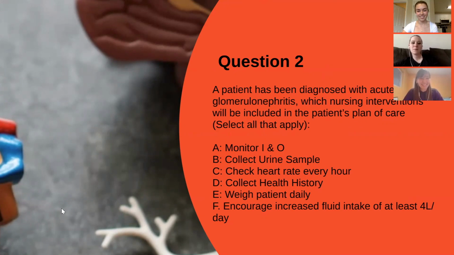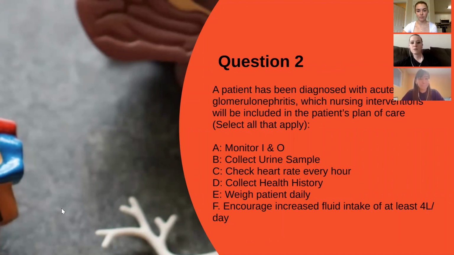I would be monitoring the patient's intake and output. Like I said, that's important to check to make sure that they're producing enough urine. You also want to collect a urine sample since the provider may order it, and it's a good way to test whether or not they're having those symptoms of urinating albumin or red blood cells.